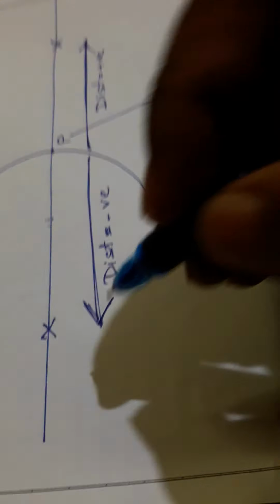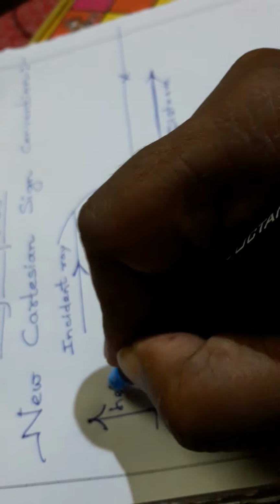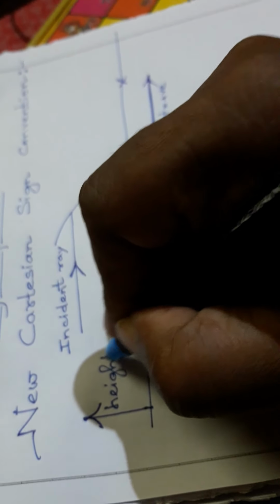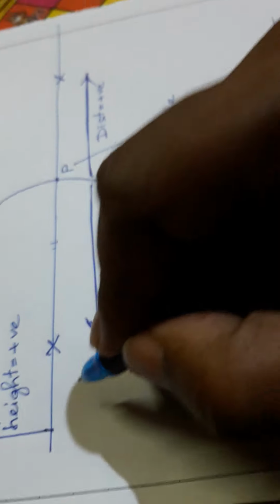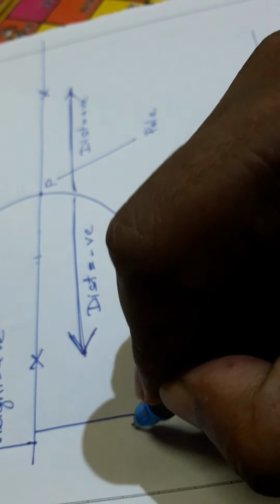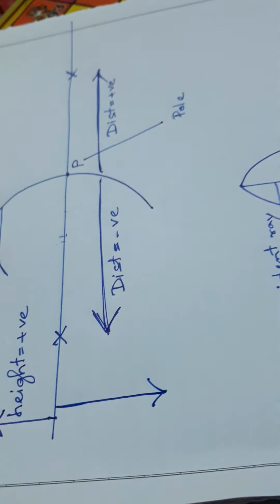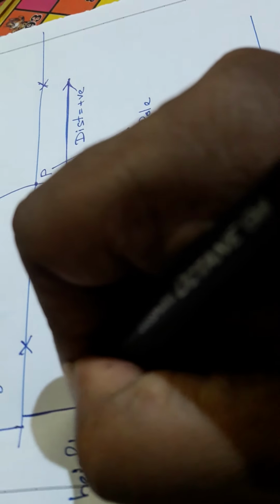Next point: if the object or image is vertically upward from the principal axis, the height is taken as positive. If the object or image is vertically downward from the principal axis, we take the height as negative.